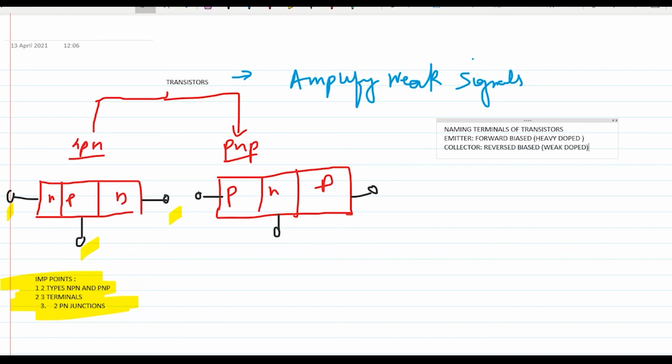The third terminal is the base. This middle section is known as the base. It is thin and moderately doped because it has to transmit the majority charge carriers from the emitter to the collector.